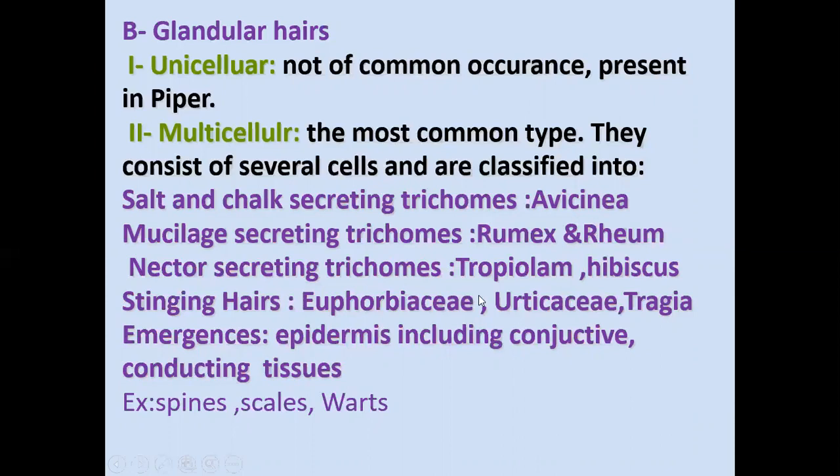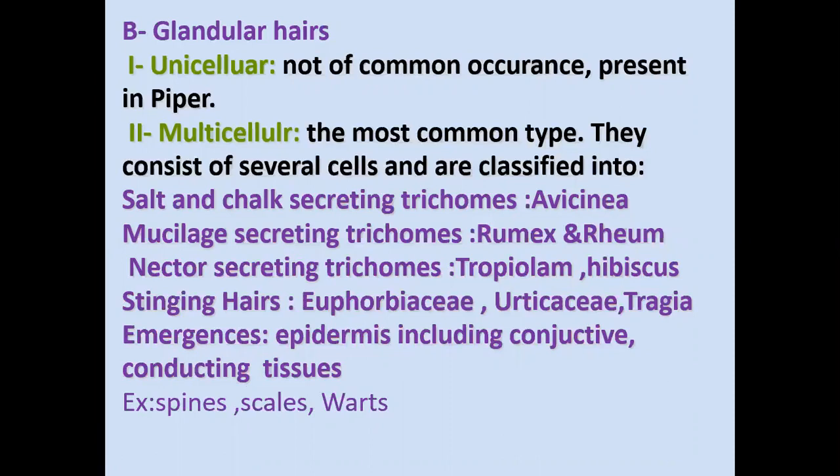The third one, very important during the pollination process, is nectar secreting trichomes. In most of the plants, either unicellular or multicellular trichomes produce sweet sugary substances. Example is Tropaeolum, hibiscus.